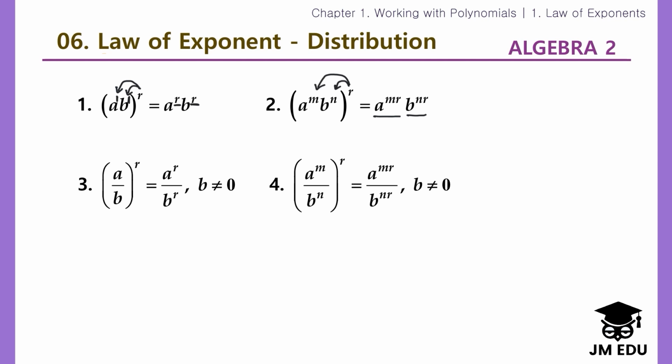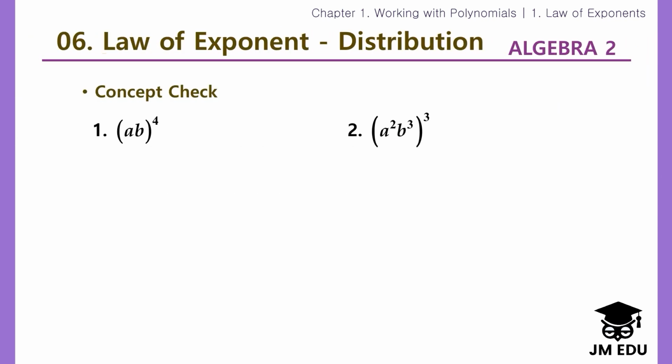Okay, number 3, if we have division, A over B, same thing. R times 1, that's R. R times 1, we have to distribute. That's B to the R. Number 4, A to the M divided by B to the N. Same thing. R times M, that's MR. R times N, that's B to the NR.